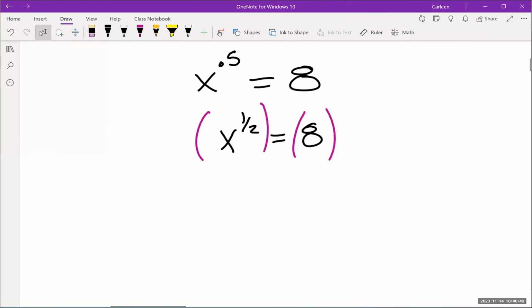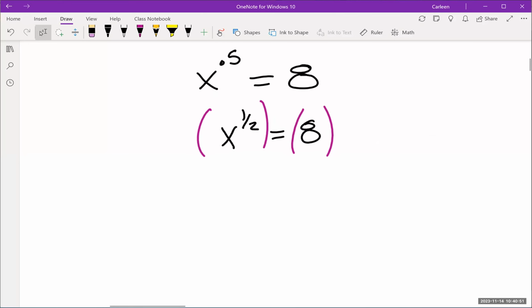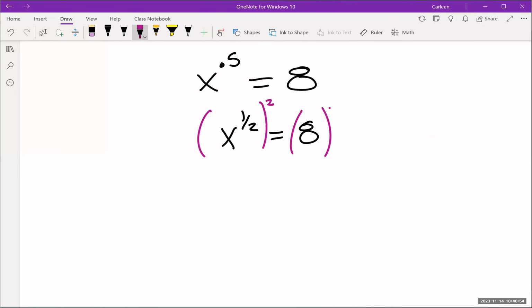To cancel a 2 on the bottom, I need a 2 on top. Yeah, 2/1. Everyone see how that's going to make the exponent on my variable disappear? Okay. So now cancel and X comes out and I get 8 squared is 64.